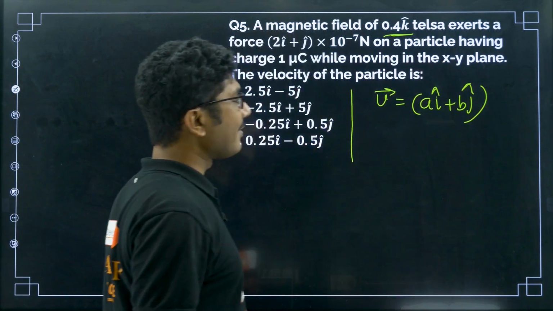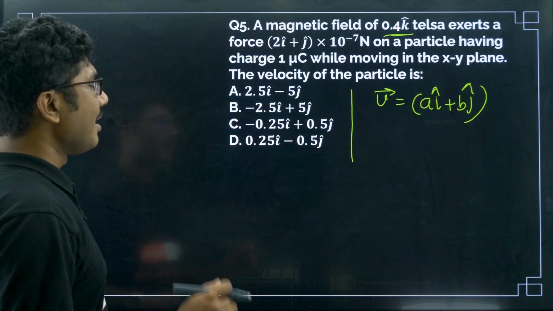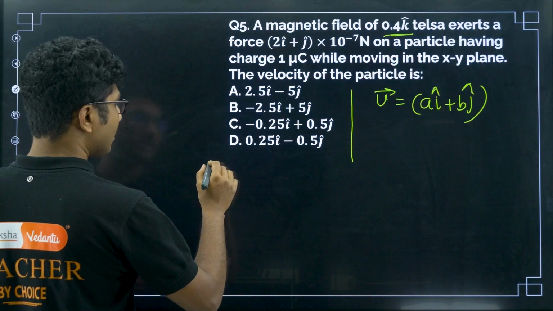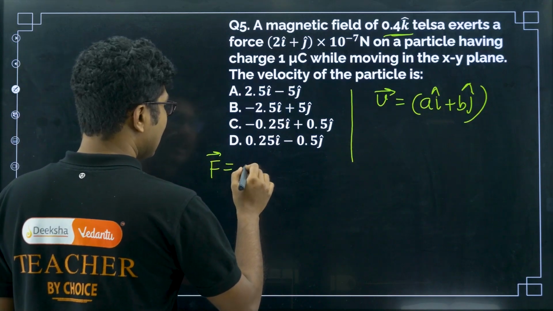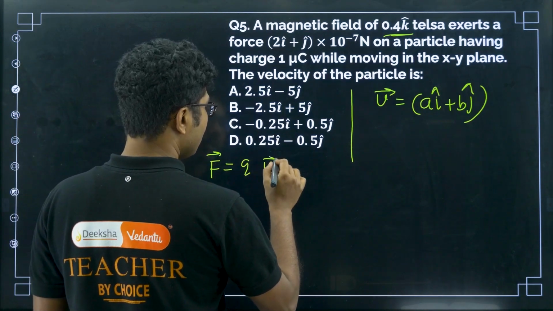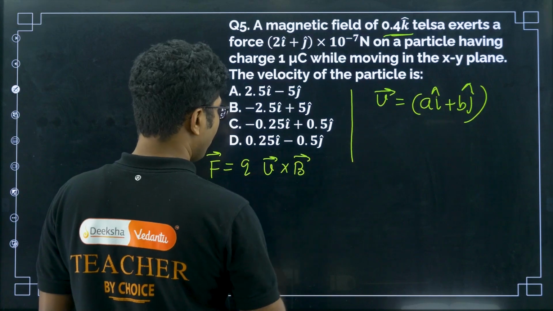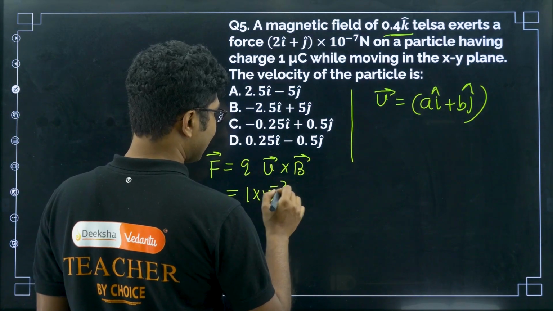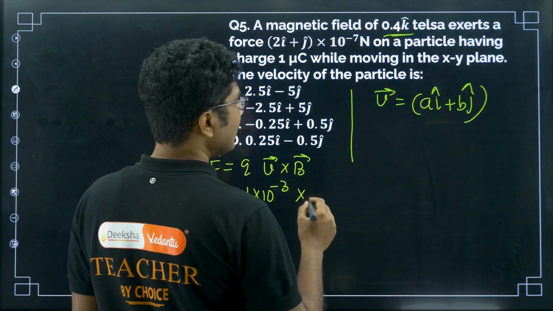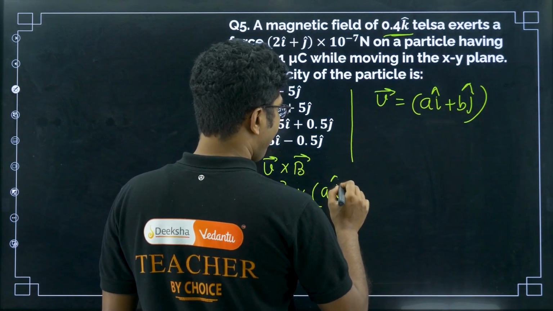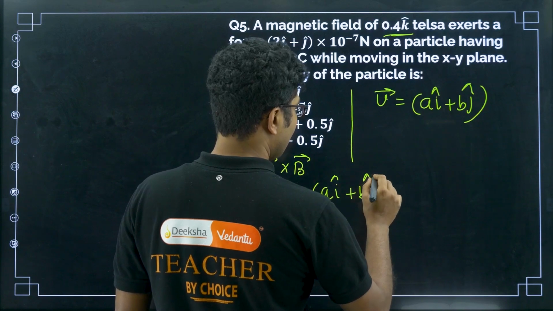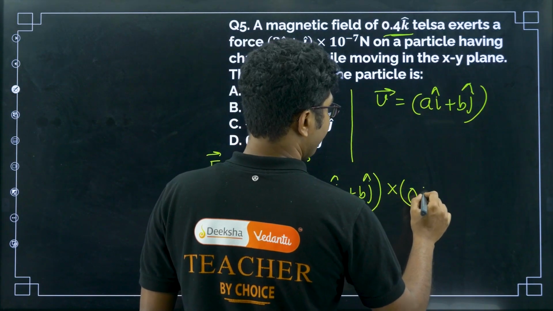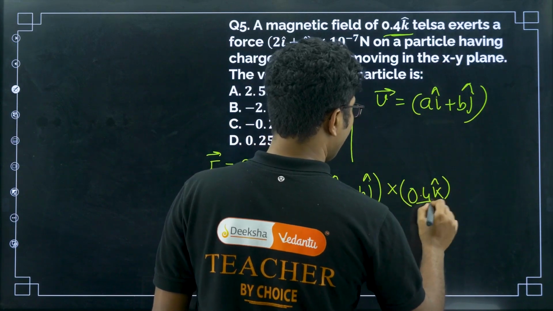Now, what you have to do is use the Lorentz force formula. So, force is basically Q v cross B. Q is 1 microcoulomb, which means 10 to the power of minus 6, v is a i cap plus b j cap, cross product with 0.4 k cap. Now 0.4 is a scalar quantity.